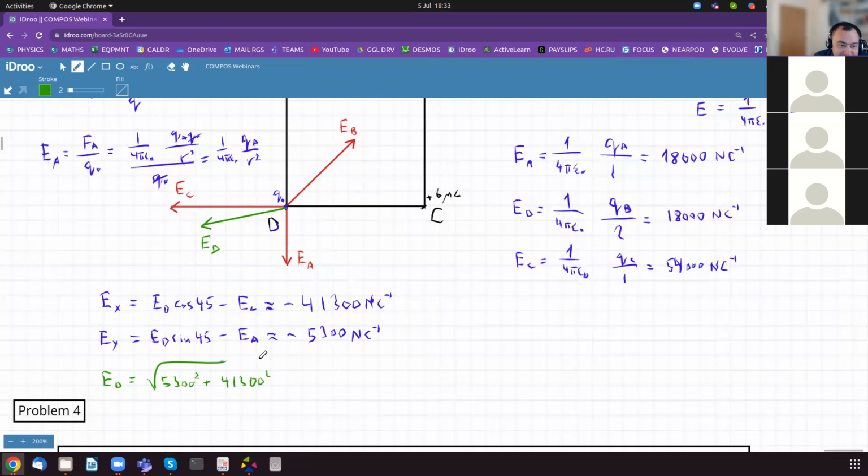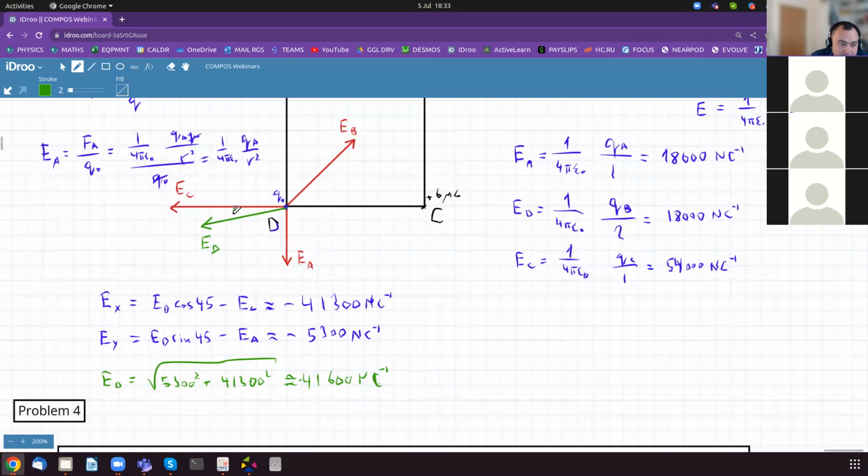I'm doing it slightly unconventionally, doing y first, but it doesn't really matter. That's 41,600 newtons per coulomb.